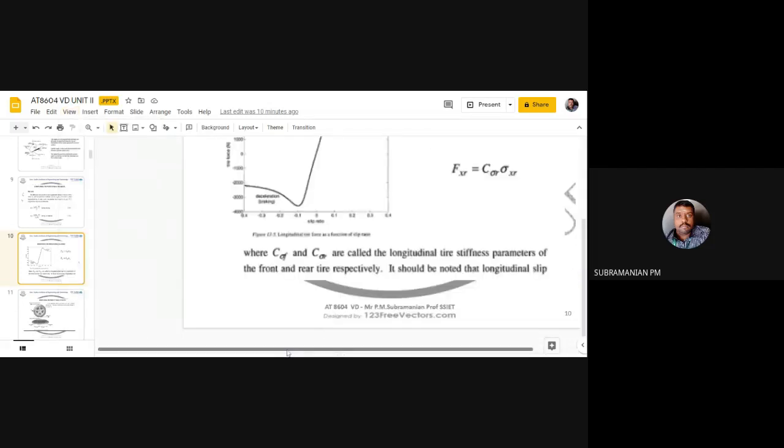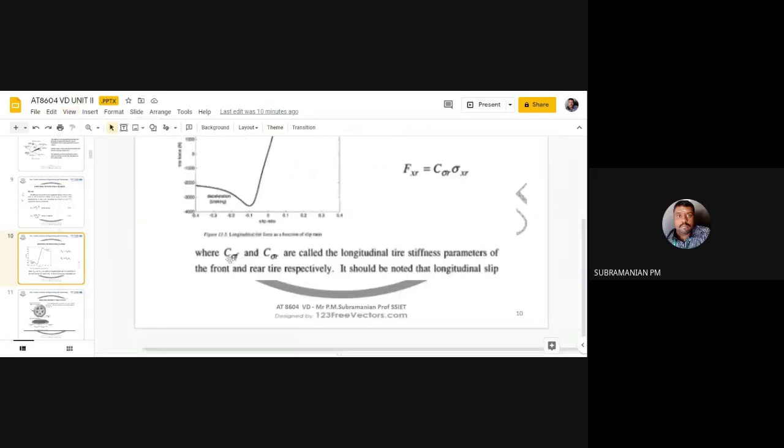So you have to understand this one, C sigma F and C sigma R. It is the parameter of the tire in the longitudinal direction, that is, the longitudinal tire stiffness.